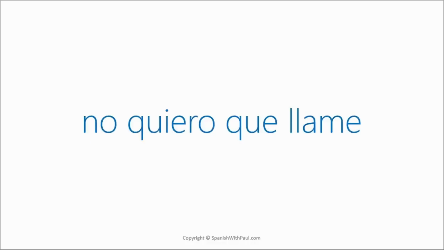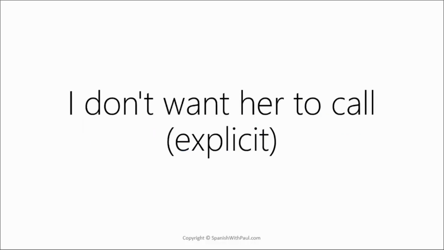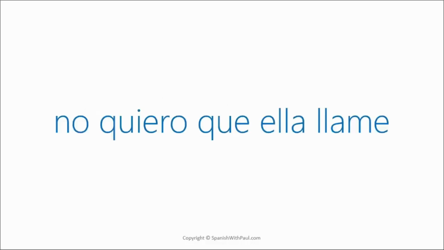I don't want him to call. How would you rephrase that? I don't want that he calls. Now translate it. No quiero que llame. Let's make that one explicit for her now. How would you translate it? No quiero que ella llame.